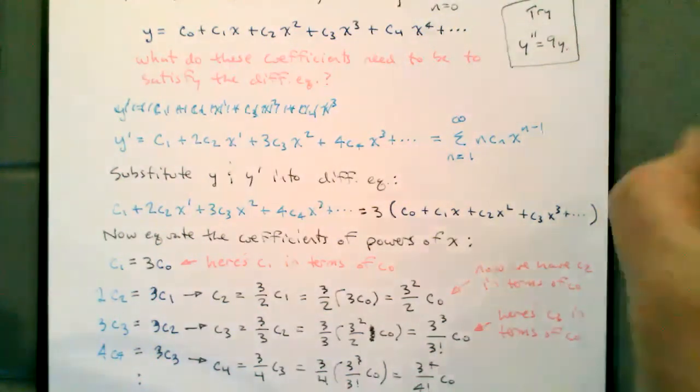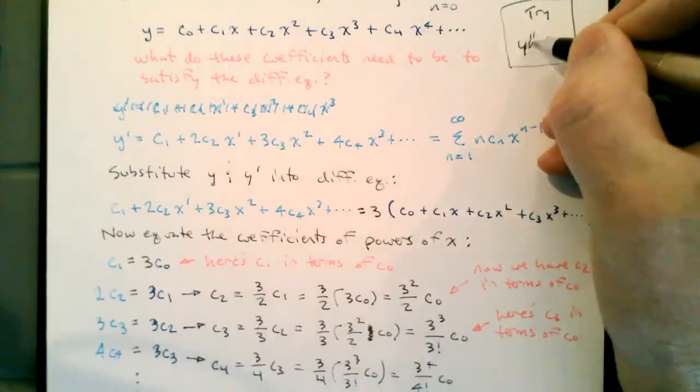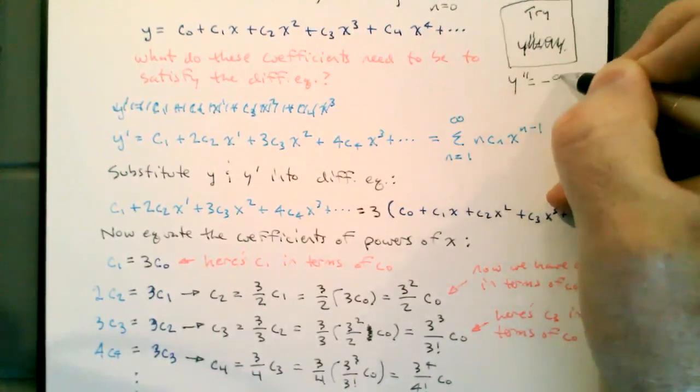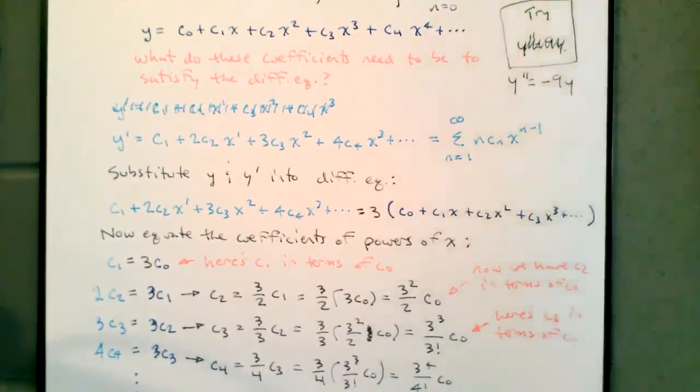Oh, whoops, -9. Yikes. Because if we start off with sine of 3x, the derivative is 3 cosine of 3x, and the derivative of 3 cosine 3x is -9 sine of 3x. That's -9 times what we started with.